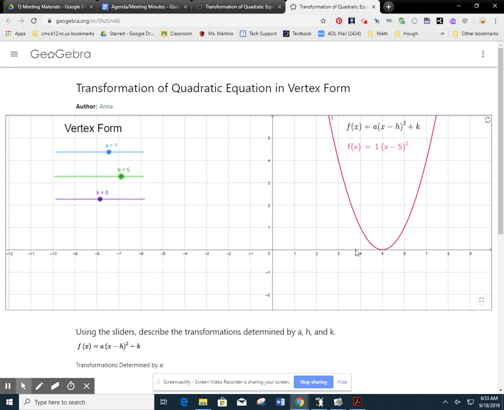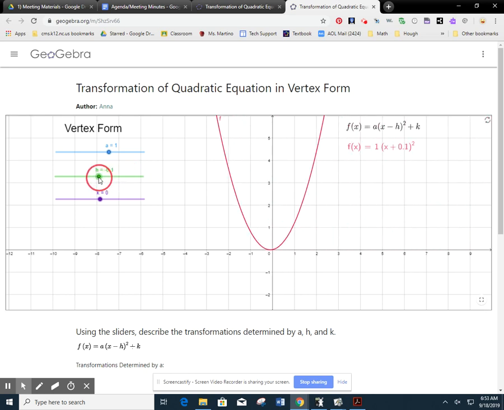So we moved right 5. A good focal point is we were at the origin, and now we're at 5 on the x-axis. But if you look at the equation, it says x minus 5 squared. That's because h is being subtracted, so it's x minus positive 5. So it would say x minus 5 squared. So when h is positive, it's moving to the right.